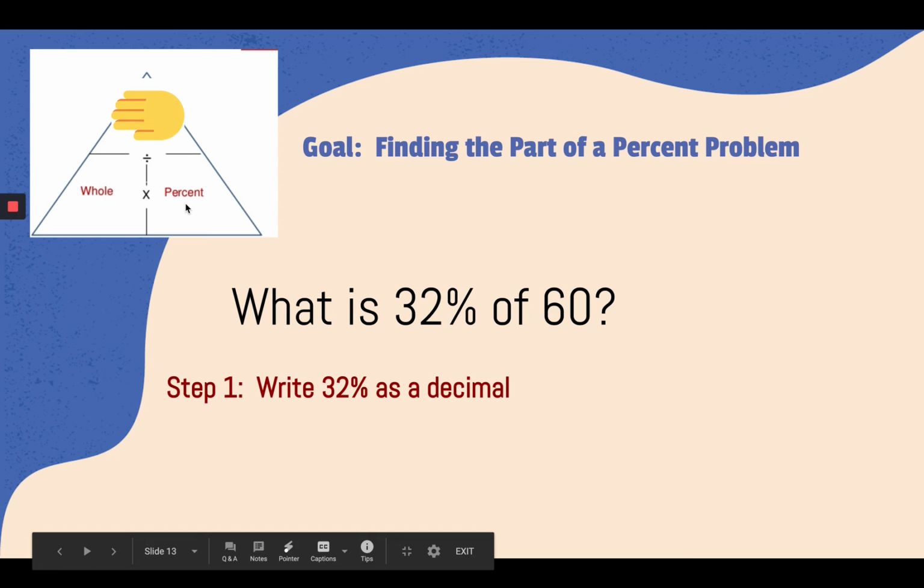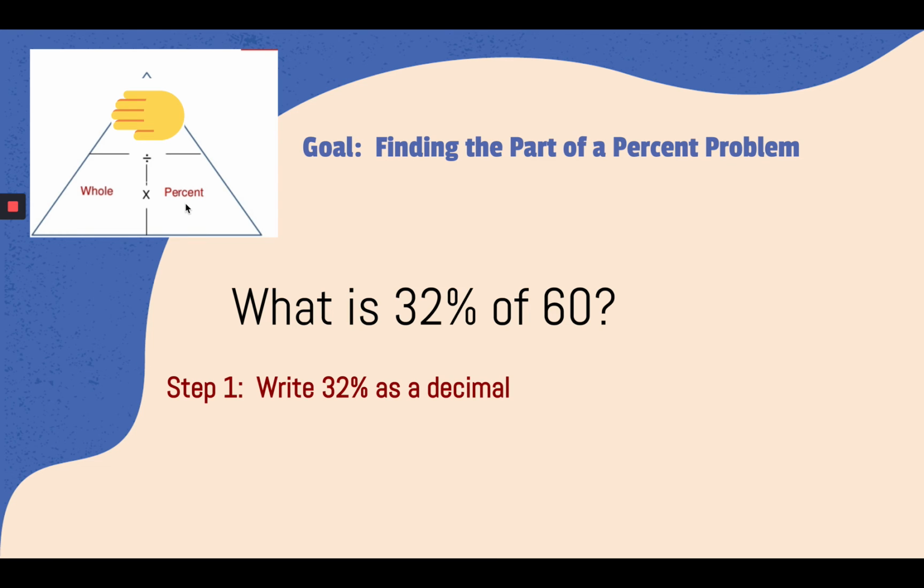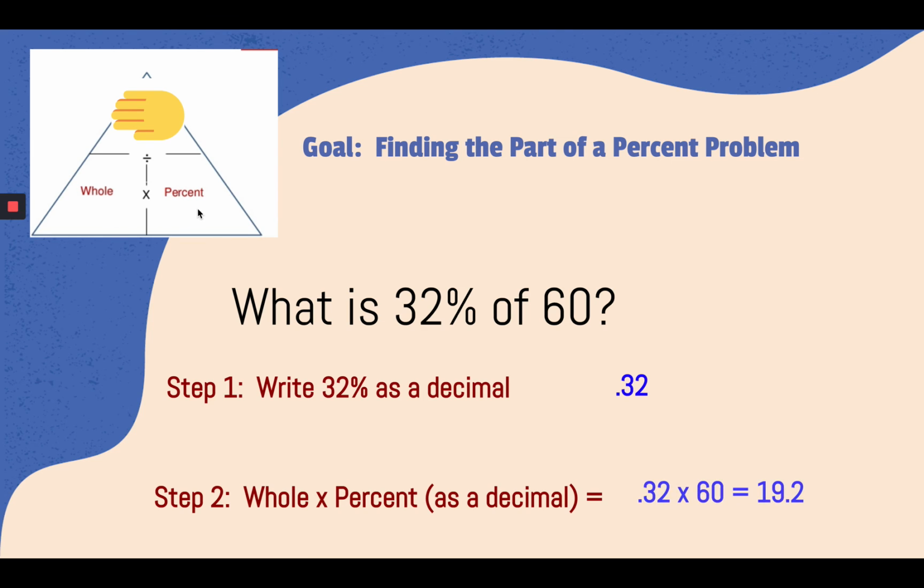So step one is you have to write 32% as a decimal, which is 0.32. Remember, you move it 2 to the left. Then it's whole times percent. 0.32 times 60, and your answer would be 19.2. That is the answer to this question.